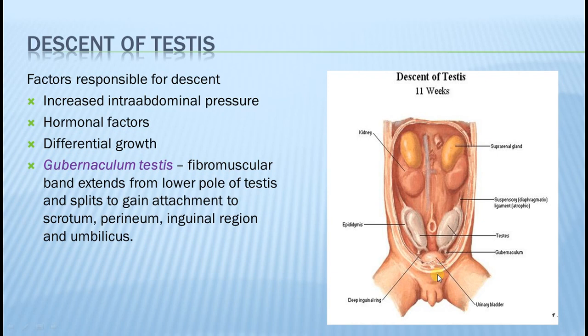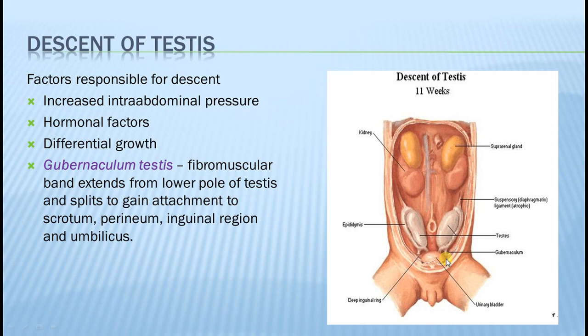It will insert into the pubic bone, scrotum, and upper part of the thigh, and when all these split processes contract or retract, they pull the testis downwards. Okay, gubernaculum testis. The gubernaculum testis is absent in elephants, so that is why the testis is intra-abdominal in elephants.